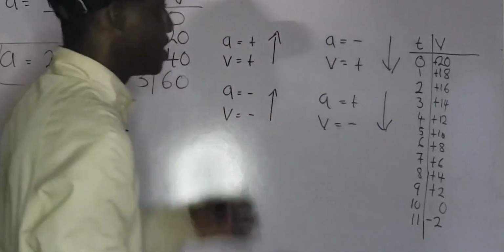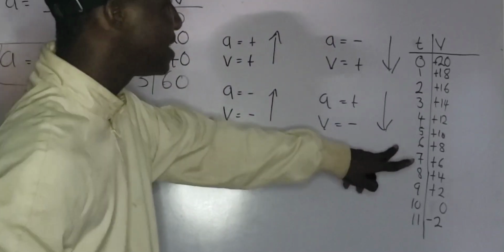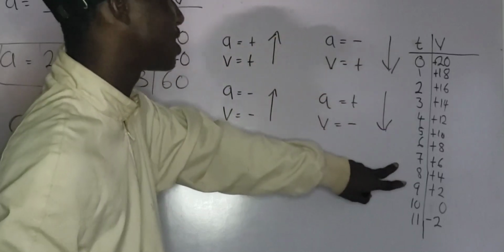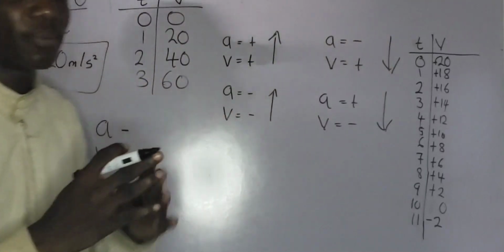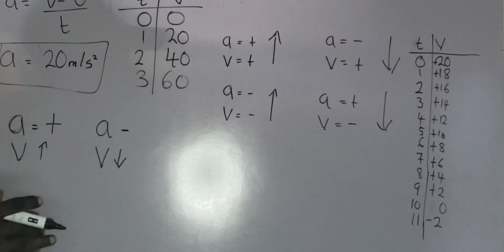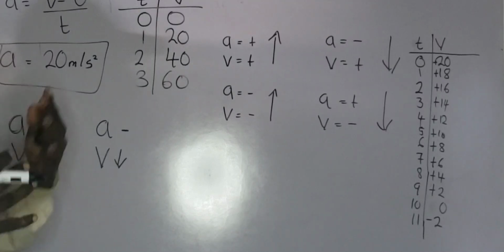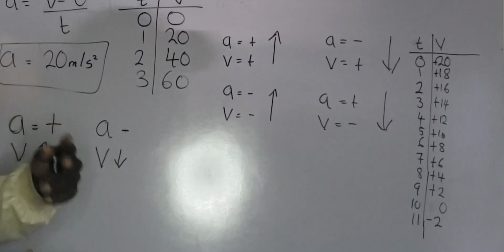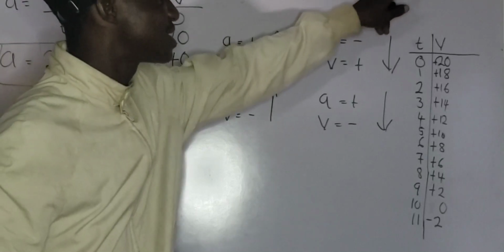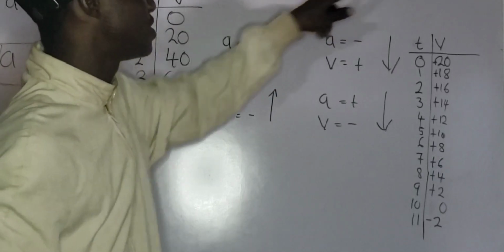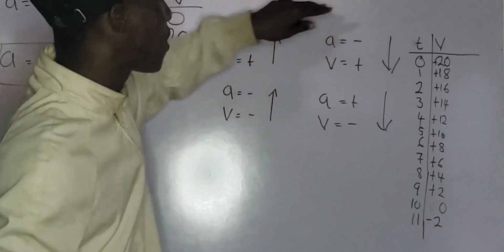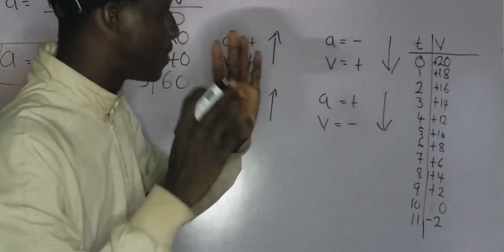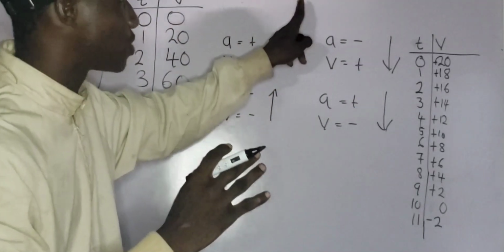Do you understand? Now, what I did here was that the acceleration is negative. Don't forget, from the definition of acceleration, I told you that acceleration tells us how fast the velocity of the object is changing. The acceleration of this object is negative 2 meters per second squared. So at the first 0 seconds, the velocity is 20 meters per second.